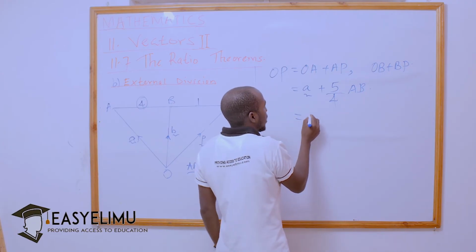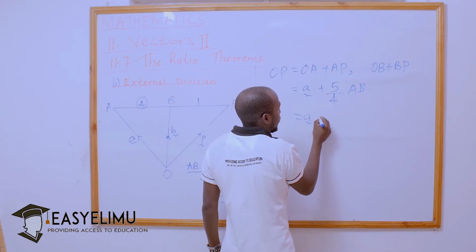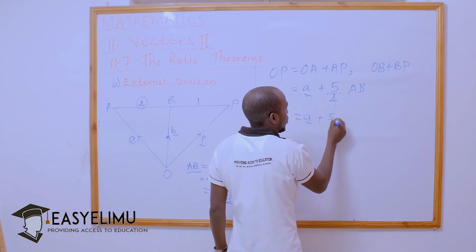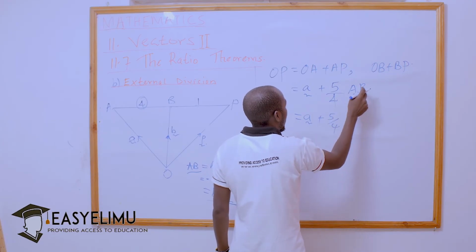So we shall have A plus 5 over 4 multiplied by AB.